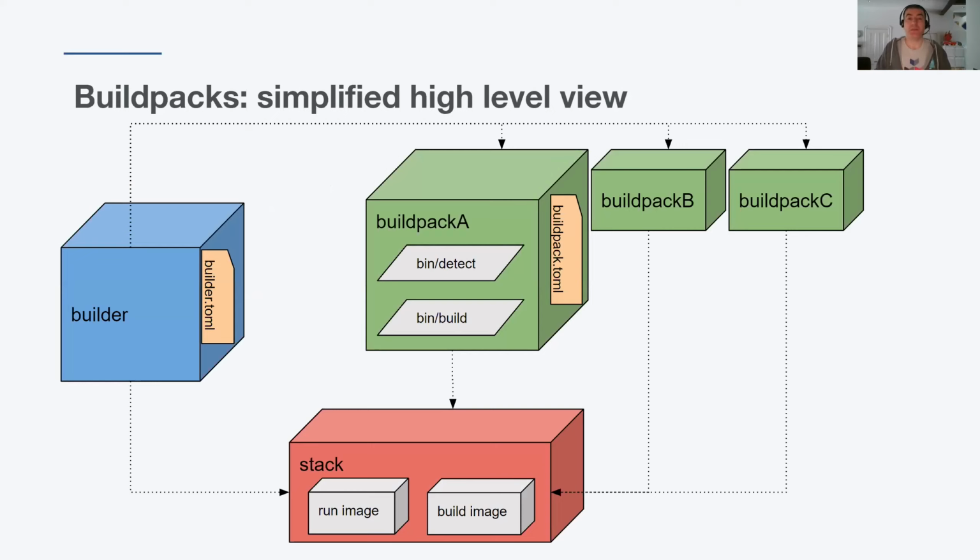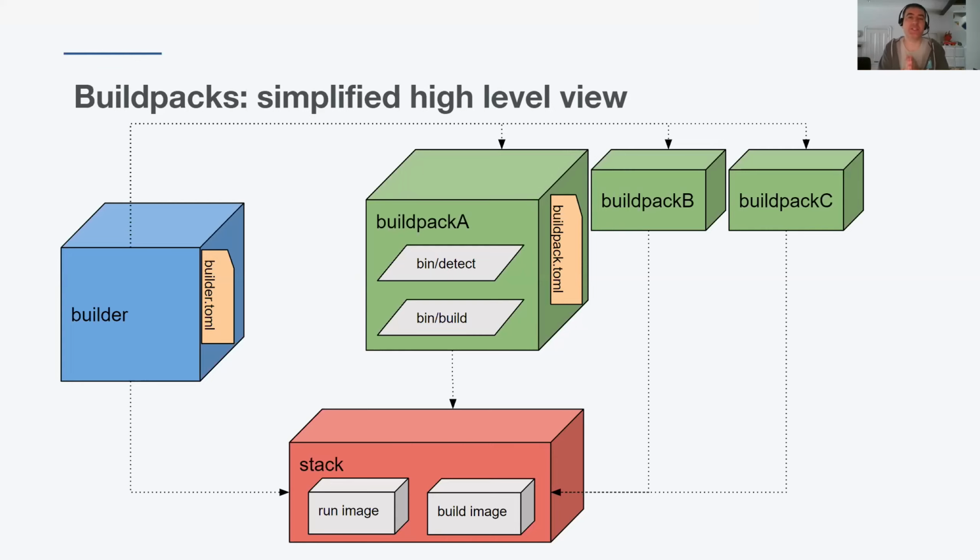The Buildpacks here, in my example, in this schema, I've got three different Buildpacks, Buildpack A, Buildpack B, and Buildpack C. Each of them is implementing bin/detect and bin/build. They can be binaries or they can be simple bash scripts, actually. Also, each Buildpack has a TOML metadata file where there is information about the Buildpack and what stack it is using.